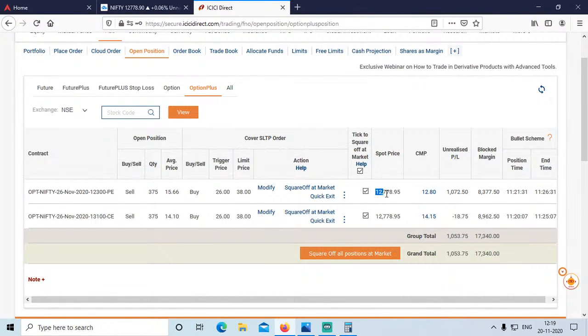Market 12,778, profit is 1053 rupees. Once we get a decent profit, around 230, we will just click on one button, square off all positions at market, then we are safe. Then we will be reaping the benefit for today.